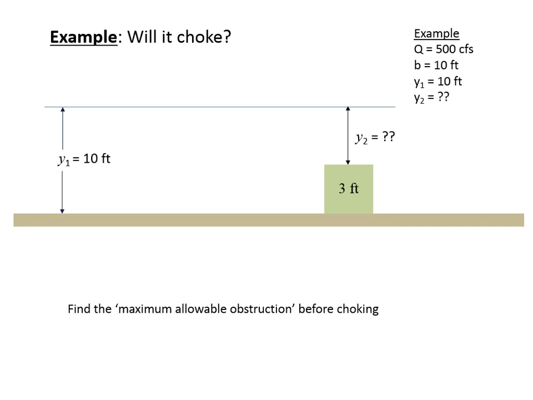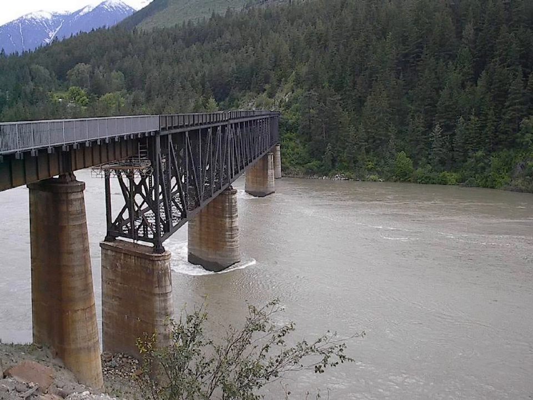All right. Any questions? All right, well, let's move on to the other way that choking could possibly occur besides an obstacle in the bottom of the channel: what if the channel itself was made more narrow?